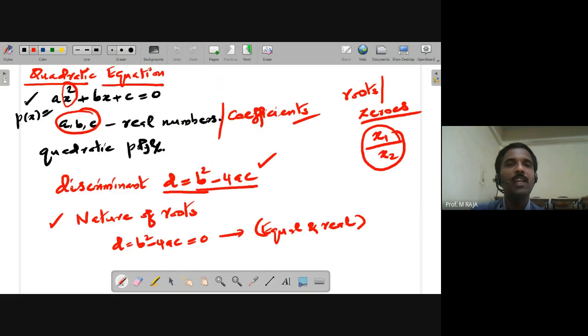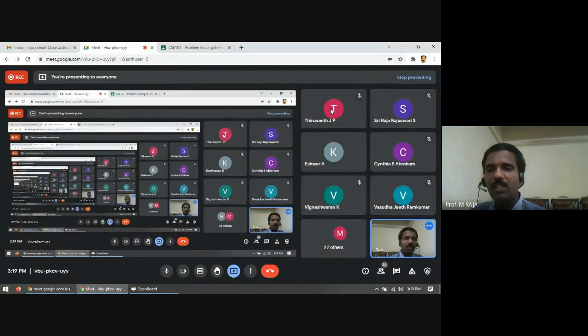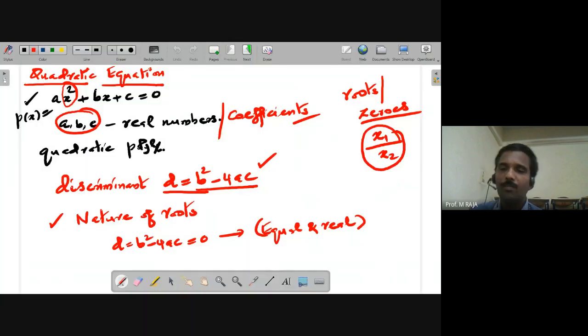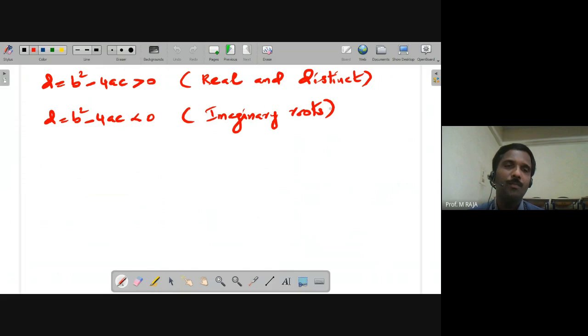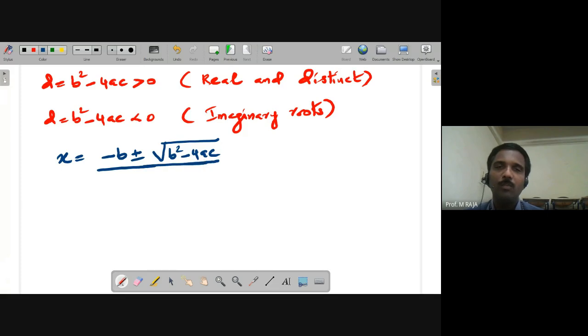So to find the value of d, we need to evaluate b square minus 4ac. After evaluating it, we can apply that result in the actual quadratic formula, given by x is equal to minus b plus or minus square root of b square minus 4ac, where b square minus 4ac is substituted by a variable d.